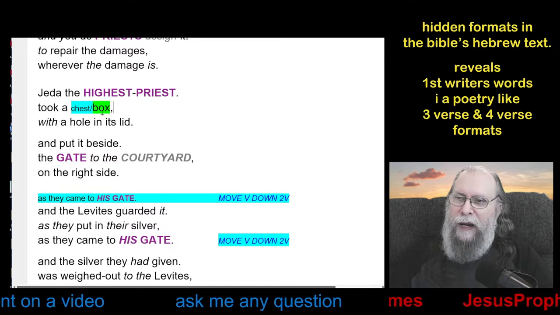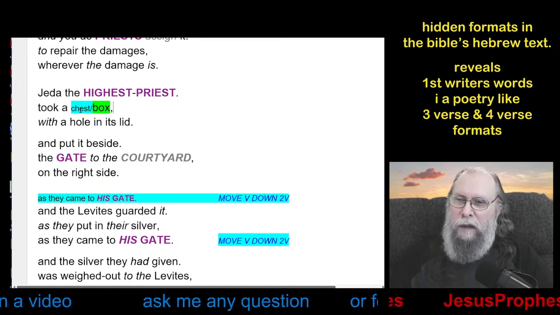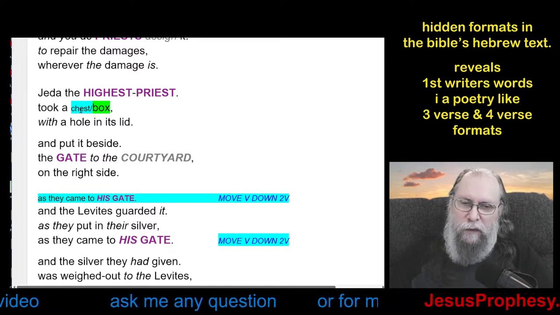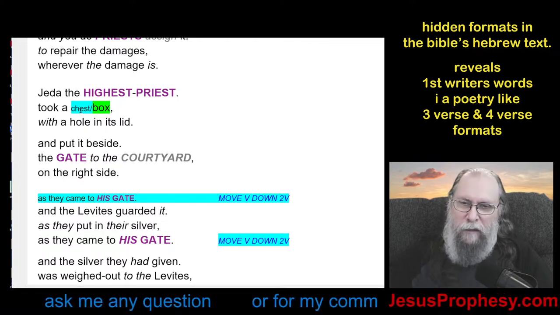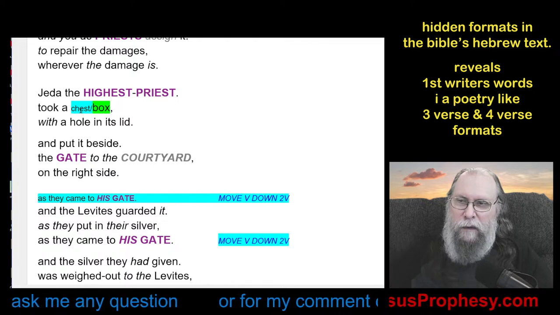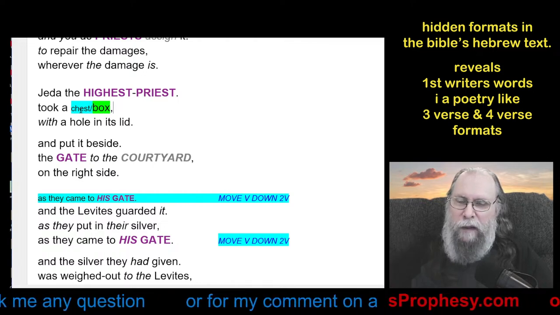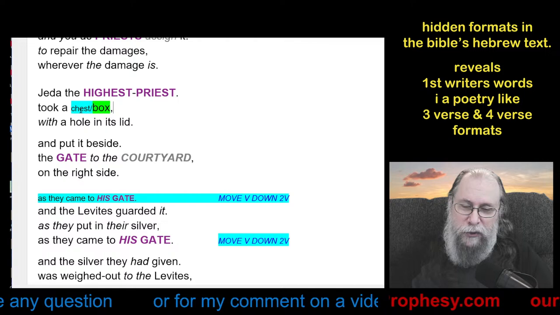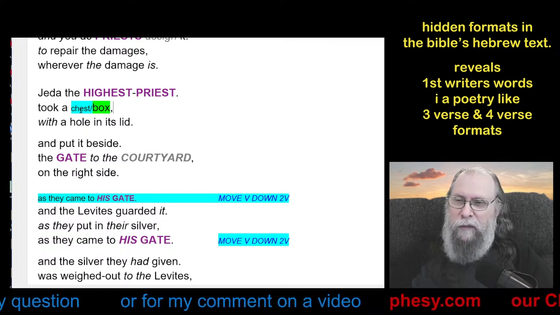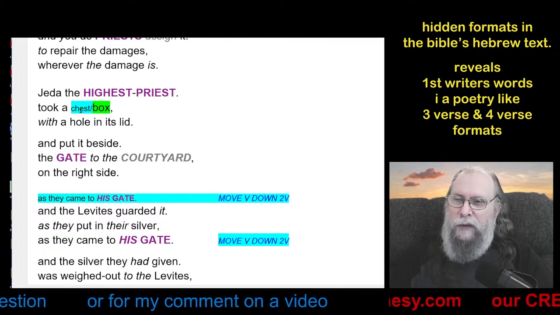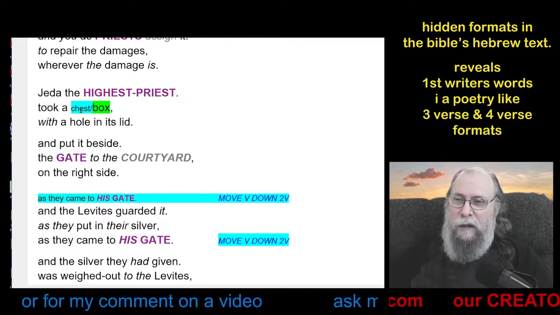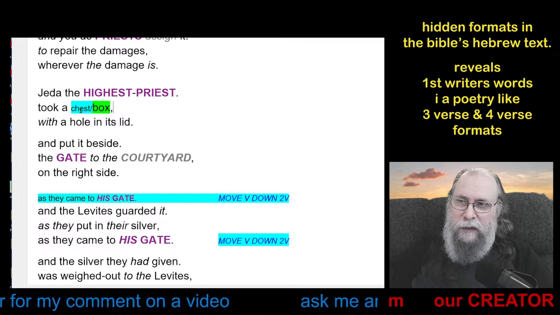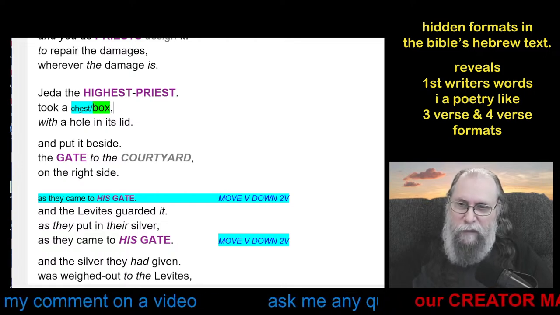A chest to a box. I figured that I'm using the word chest for what was known as the ark. I can't have the boat named ark and the chest that they put the 12 commandments in. So I've changed one to a boat so we know what we're talking about, and a box or a chest for the 12 commandments.